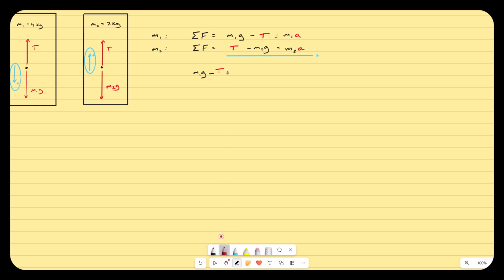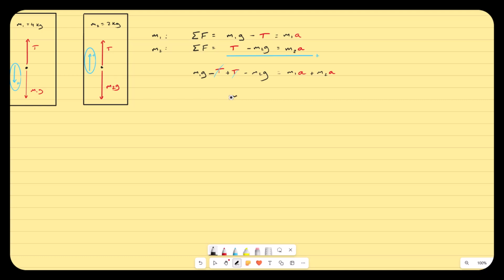So now the left side of the bottom equation plus T minus m2g equals right side of the first equation plus the right side of the second equation. I have a negative T and a positive T, which was the reason I did this anyway.